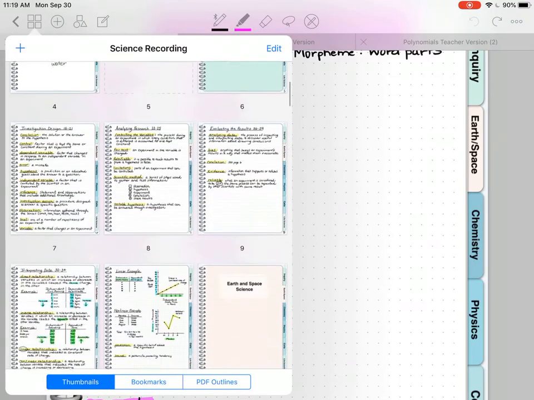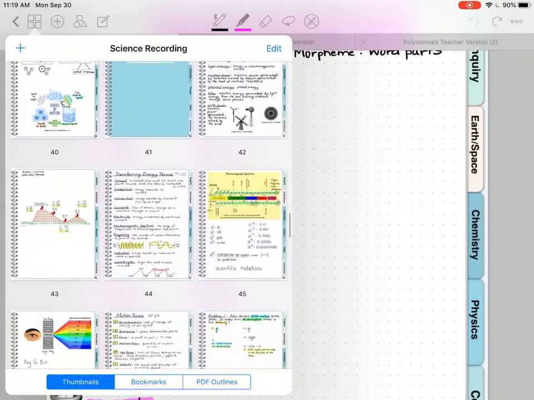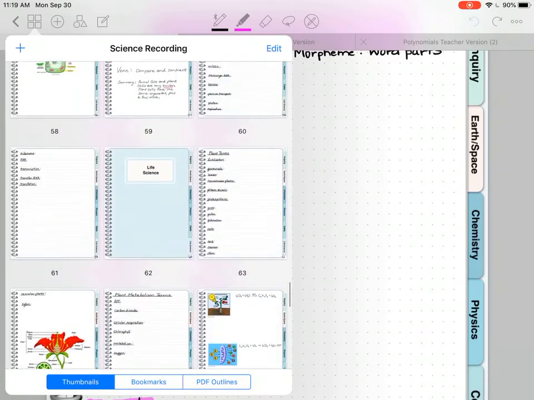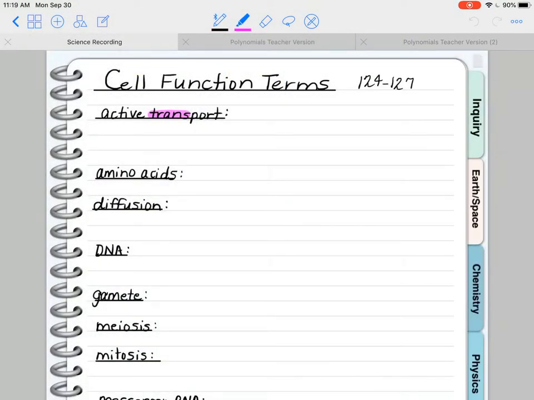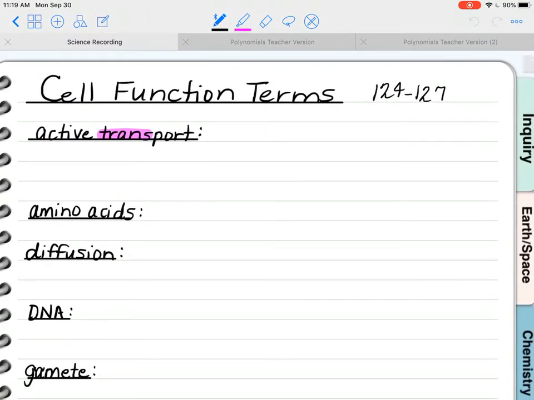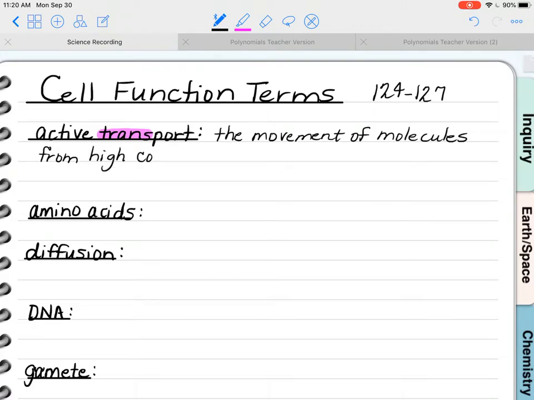Trans is to move across. So, let me go back to a page. We're almost finished with cells. Active transport is the movement, no surprise, trans move, of molecules from high concentration to low concentration.